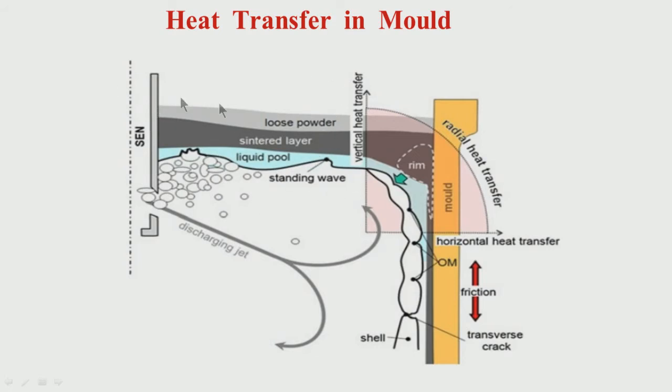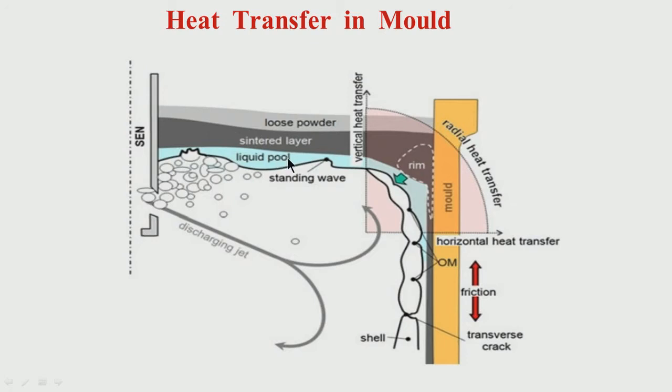So, this surface also has to be maintained hot, otherwise there will be some heat loss. If the surface is maintained hot, this heat transfer is relatively less. Here is the horizontal heat transfer, and some small amount of heat transfer vertically. Some amount of radial heat transfer will also be there. So what happens is that a rim, called the solid rim, forms from the liquid pool of slag.